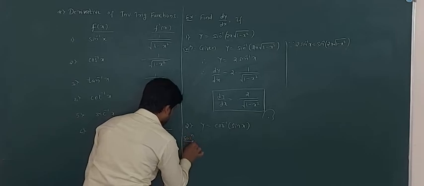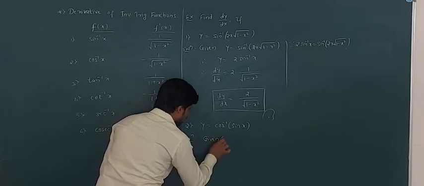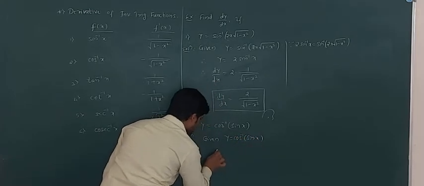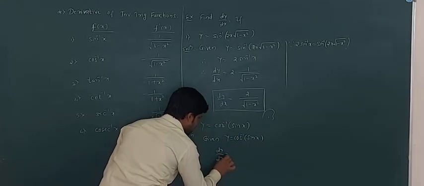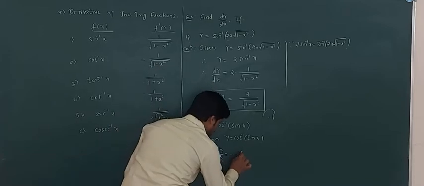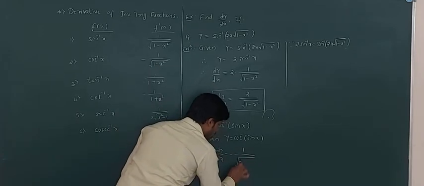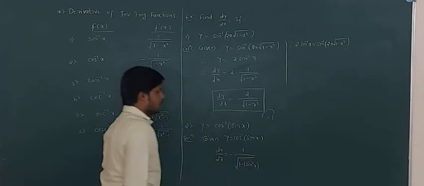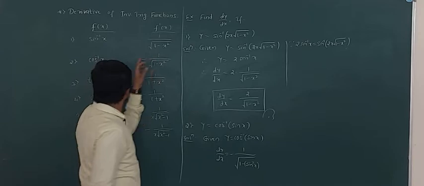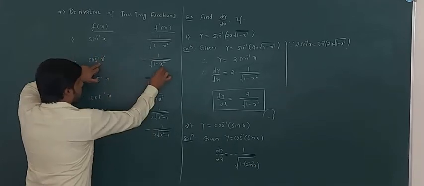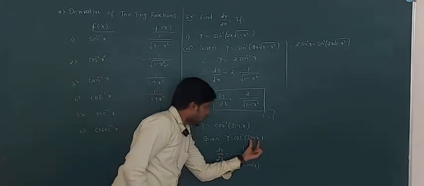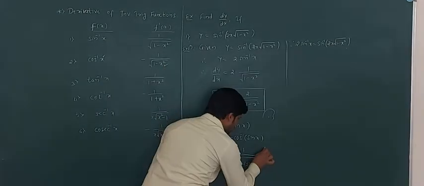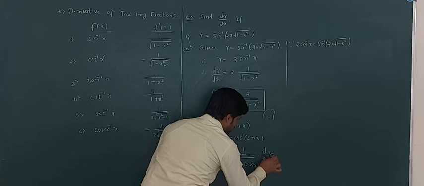Here the solution: given y equal to cos inverse of sin x, then the differentiation of this function is dy by dx equal to minus 1 upon square root of 1 minus sin square x, because in place of x we have sin x, into d by dx of sin x.